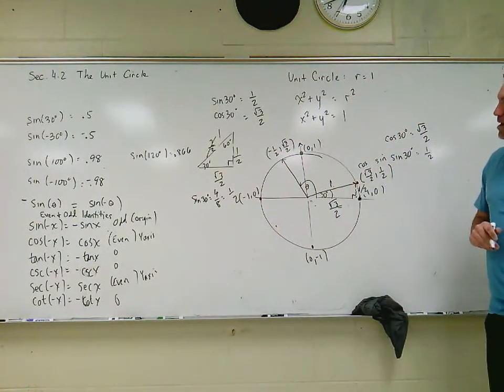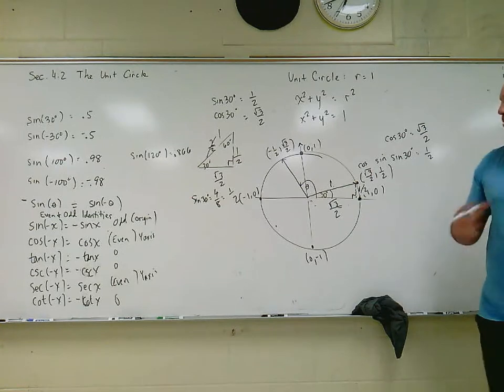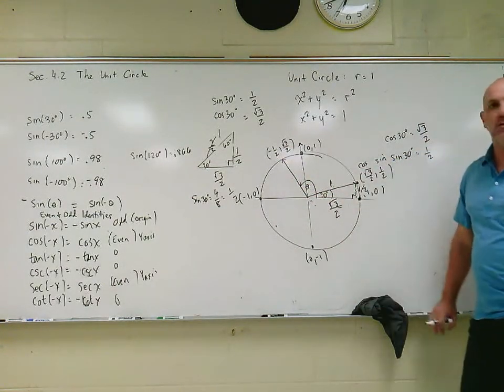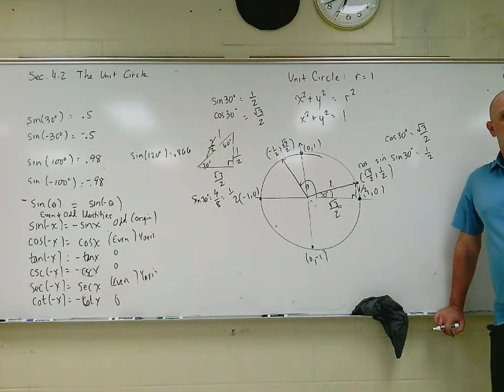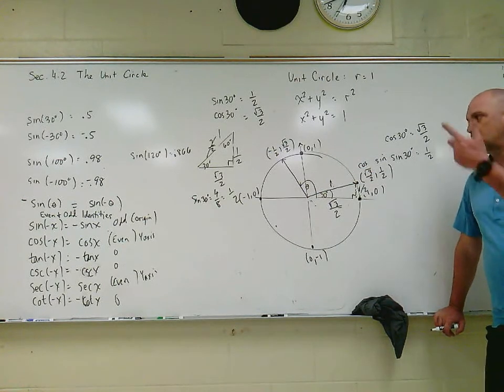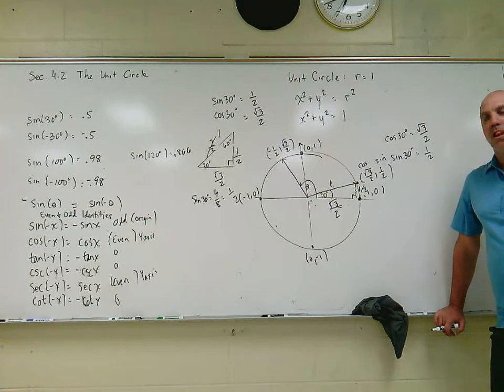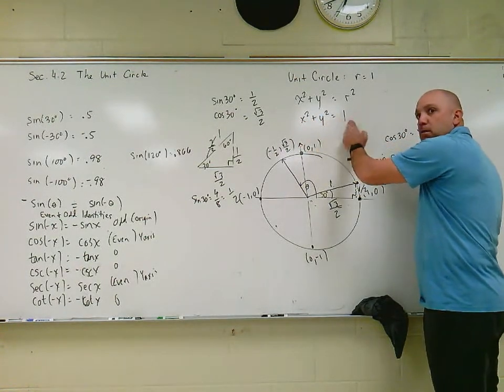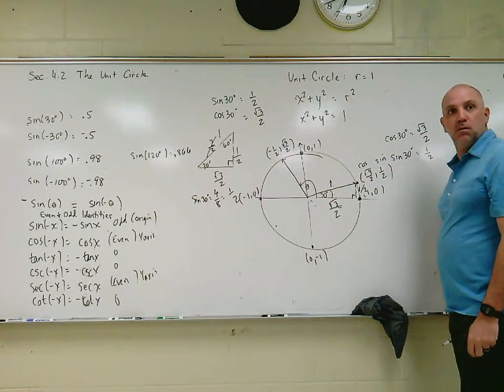Okay. Now, without drawing a triangle, how's a way I could test to know that that point is really a legit point on the unit circle? What could I do? Like, how could I really say that this is on it, rather than me just telling you it's a point? Plug it in. Plug your x in, plug your y in, should equal 1.